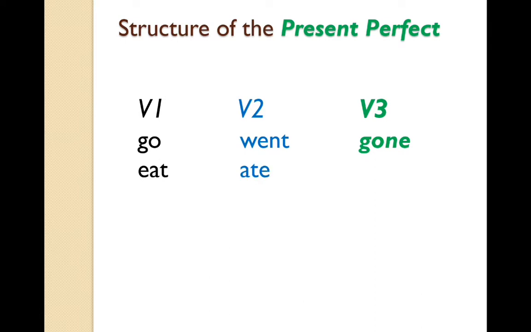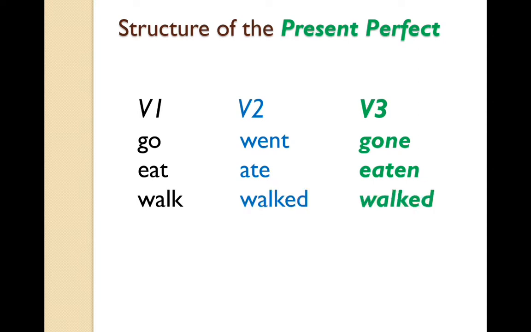Eat, ate, eaten. Walk, walked, walked. Dance, danced, danced. Notice that for regular verbs like walk and dance, the past simple and the past participle are the same. You just add ed to the infinitive.